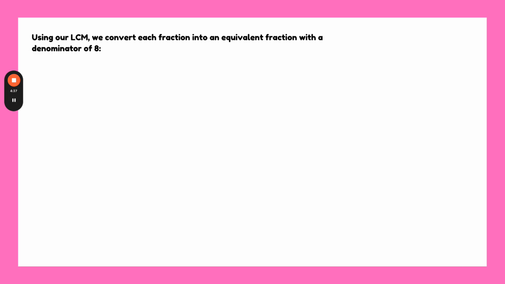So now we have our LCM, or our lowest common denominator. We then convert each fraction into an equivalent fraction with a denominator of 8. If you remember from when we were adding and subtracting fractions with the same denominator, all we had to do was add the numerators together, because they already had denominators that were the same.